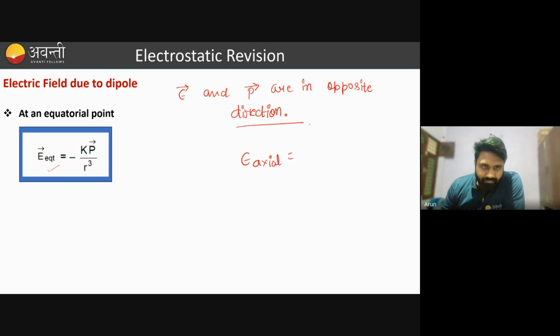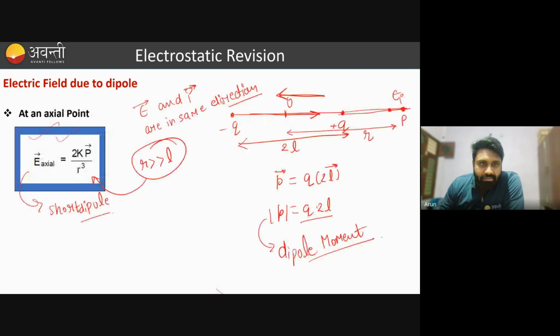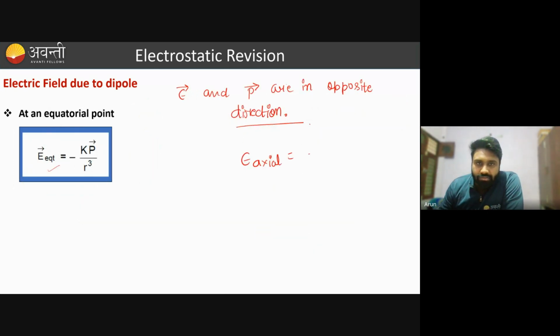If you divide E axial by 2, you will get E equatorial. So E axial equals 2 times E equatorial in magnitude.